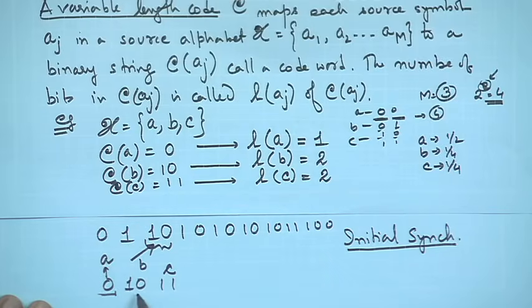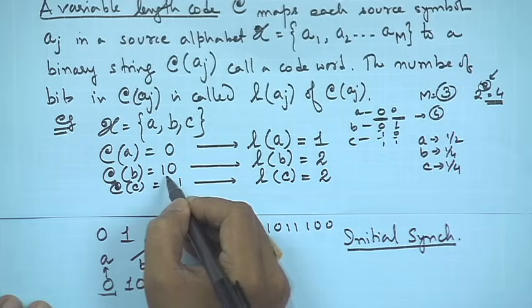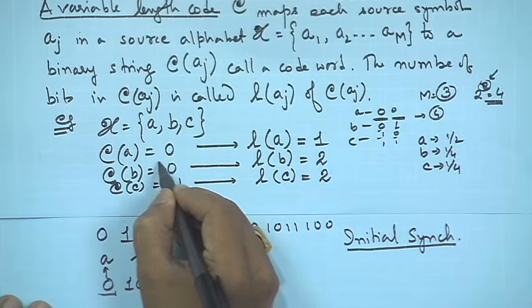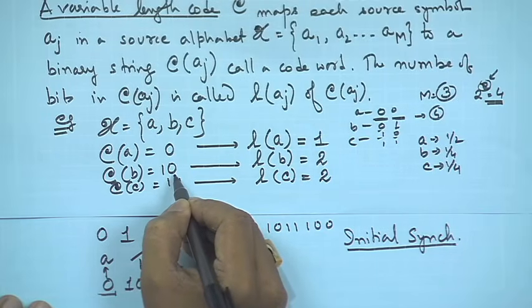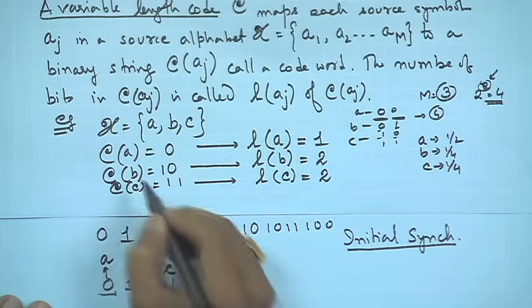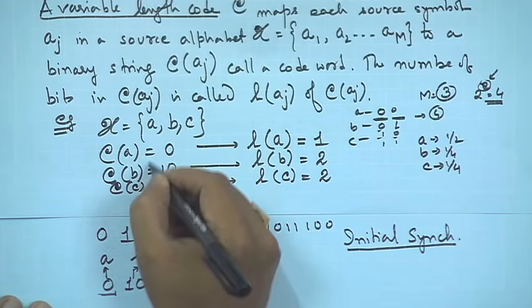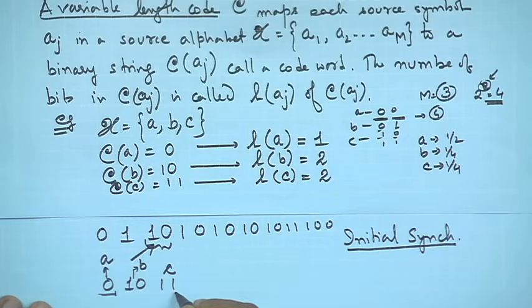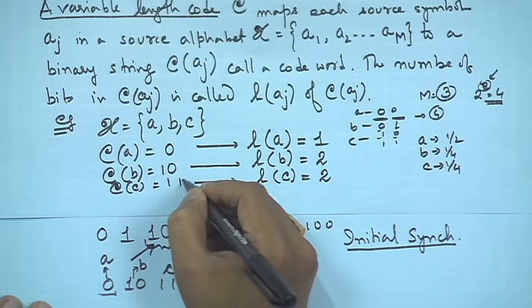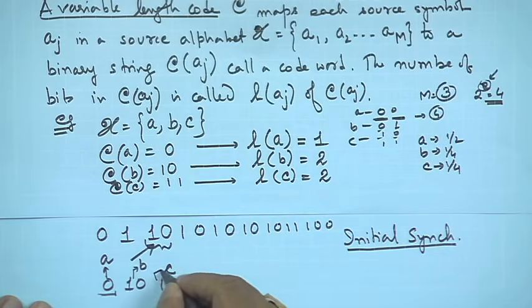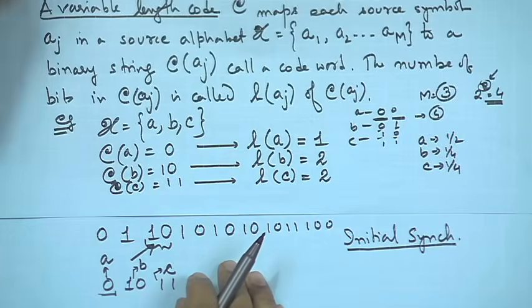So, it waits and reads the next incoming bit. It goes to the code book, it finds there is an entry of 1 0, maps it to B and decodes it to B. Next, it finds a 1, there is no entry called 1, so it reads the next bit which is 1, it finds 1 1, and it decodes it as C. Now, you could say do the same thing for the previous code and it would work.